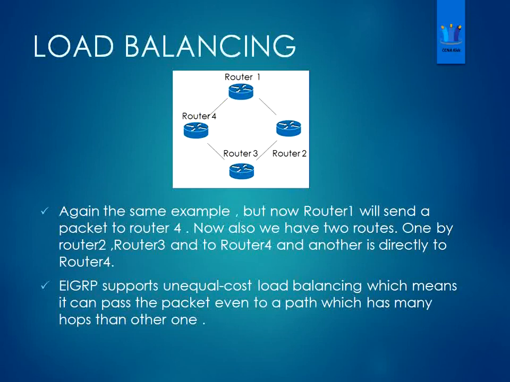Here we have more hops in one route, that is router 2, router 3 and the router 4. So other than directly connected, we can send the packet through router 2 also. This is called unequal cost load balancing.